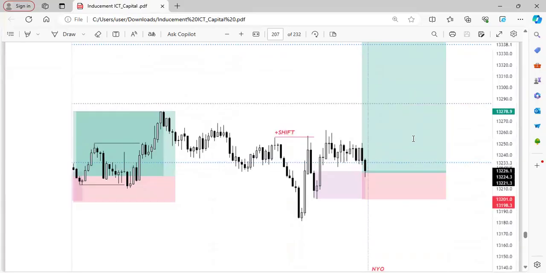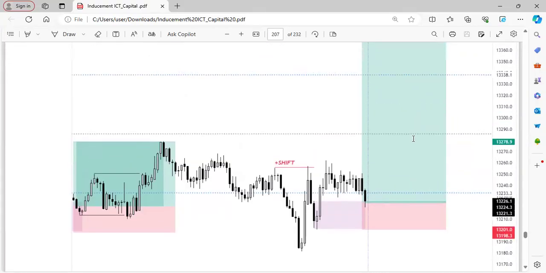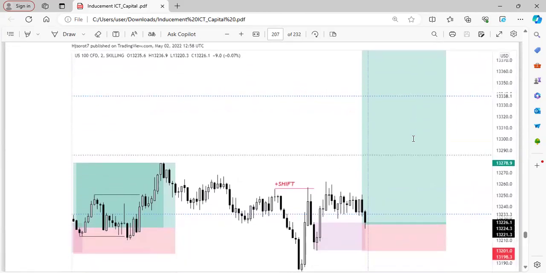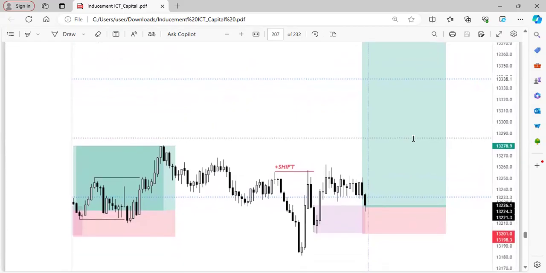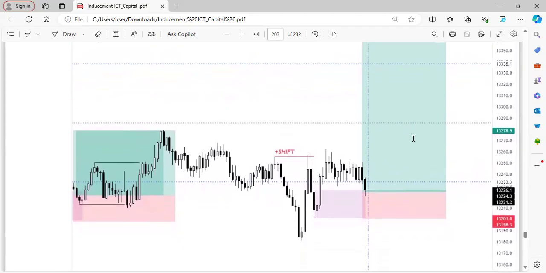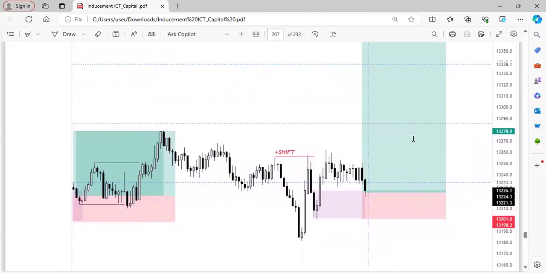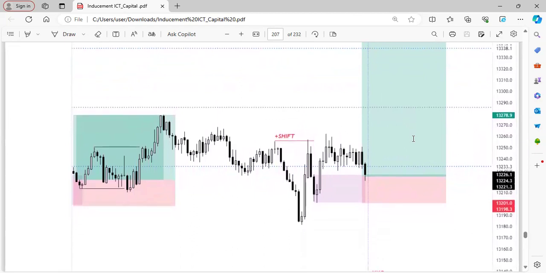So looking at this, you can realize that if you follow your trading plan, your risk management and everything, and you still lose, that's just the luck of the day. But if you follow everything and you win, that means you win because you followed your rules and regulations.